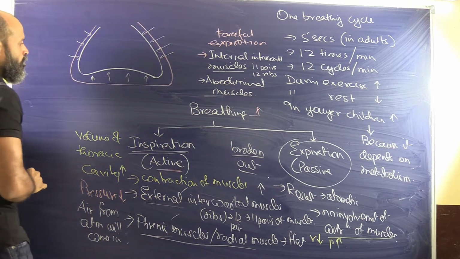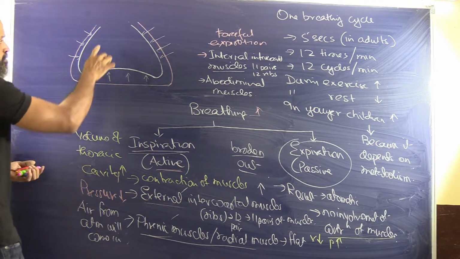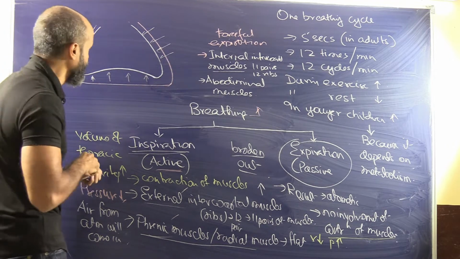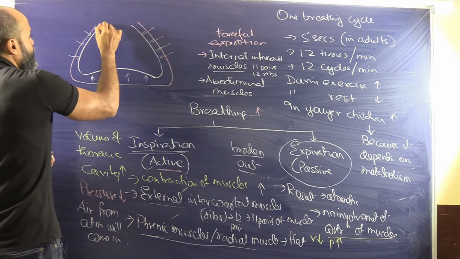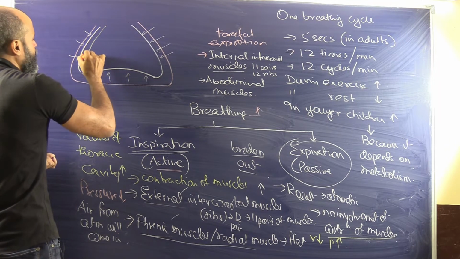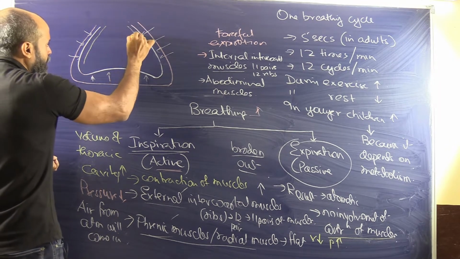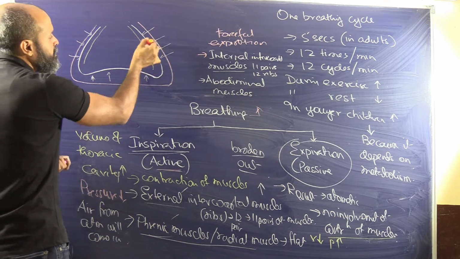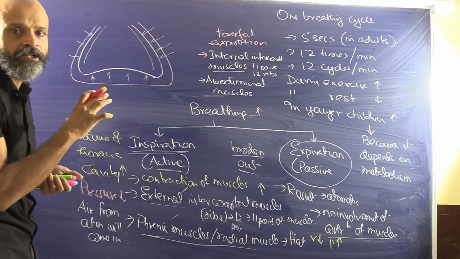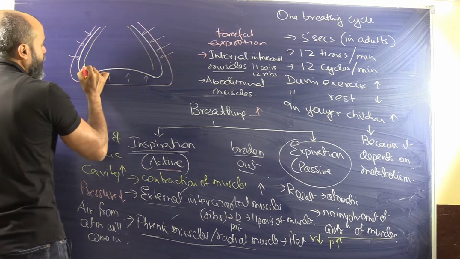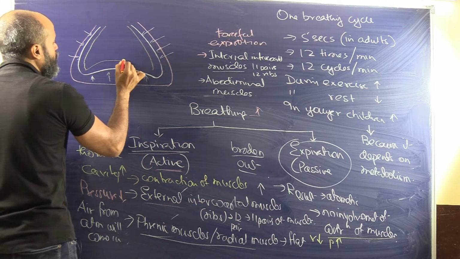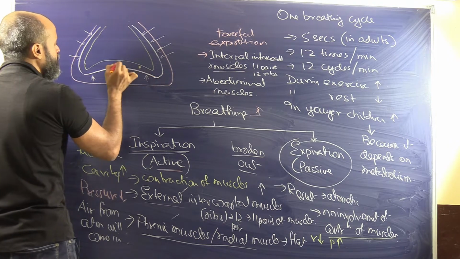So now this volume is going to reduce further. The internal intercostal muscles are going to pull the rib cage more inward, and the abdominal muscles will push the diaphragm upwards.